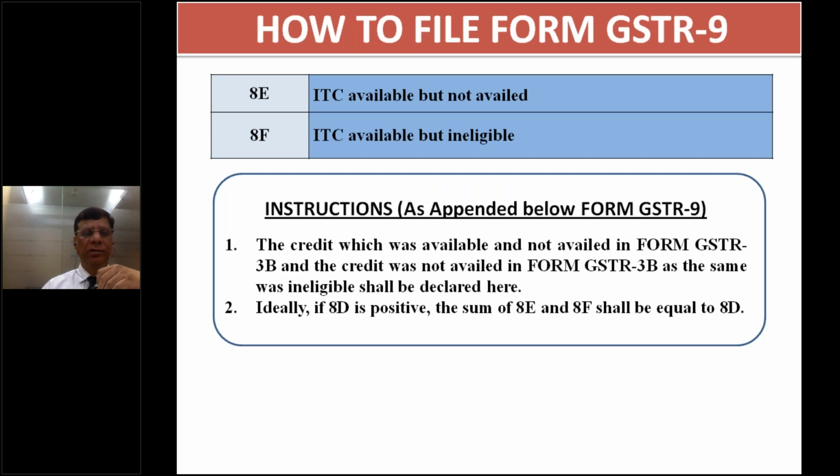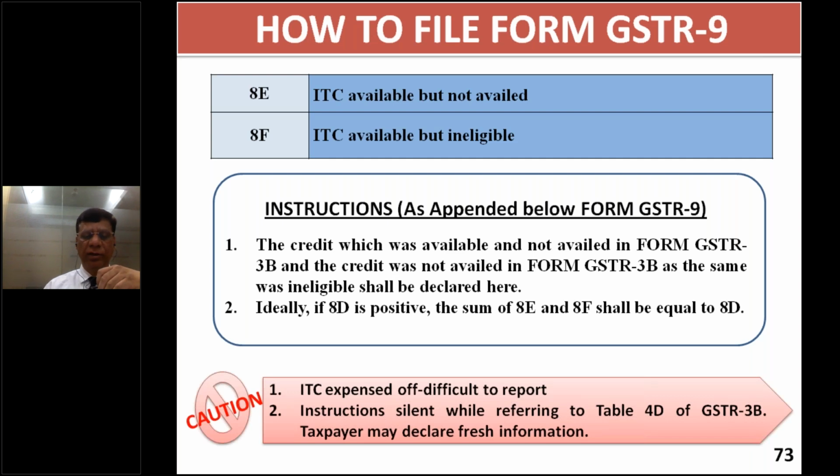Ideally, if 8D is positive, the sum of 8E and 8F shall be equal to 8D. So we have to see here that ITC extents are very difficult to report. So the ineligible figure would always be likely to be zero. Instructions are silent while referring to table 4D of GSTR 3B; the taxpayer may declare fresh information here.